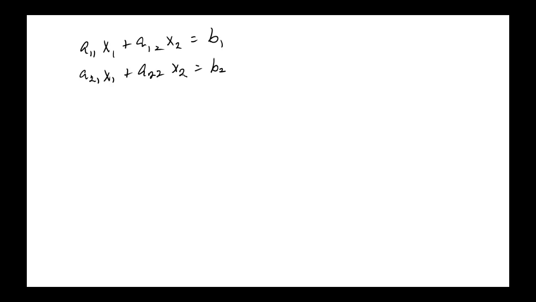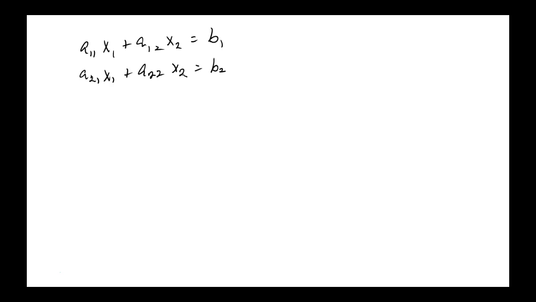Now, I don't know if you remember how to do this, and whether you do or not, I'm going to do it for you. How you solve a system of two equations, two unknowns. There's several ways. You could graph them. Of course, we don't have any numbers in this one. That would be really hard to graph.